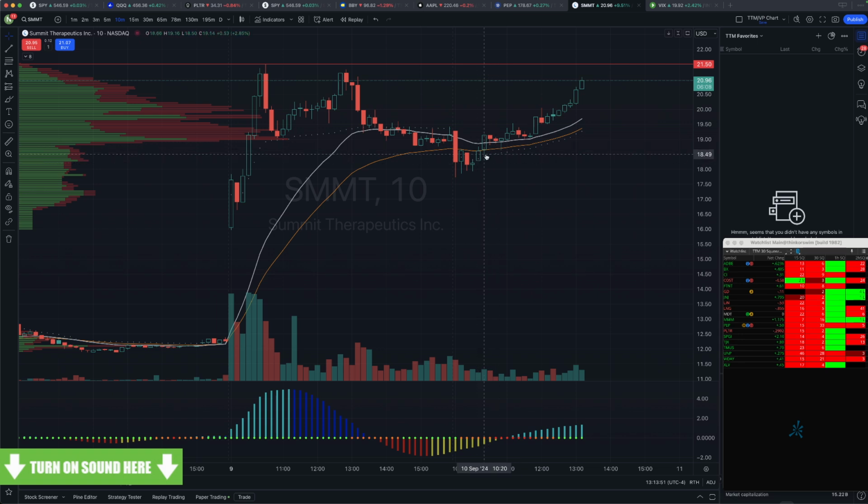So he bought them right here. So if you're buying or adding to SMMT, probably from yesterday in this area, and now flipping them out for 30% as they come up to there, I can see that clear as day.